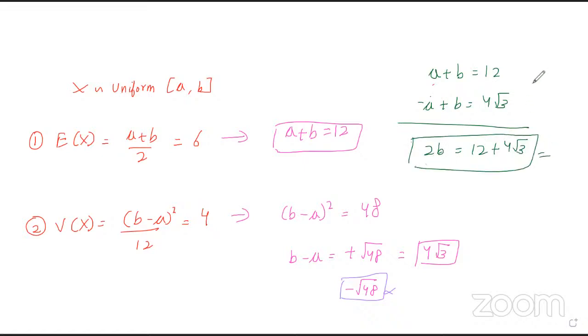Is this step clear? Which means my b would be 6 plus 2 root 3, right? Any doubt till this step? Or is it clear?